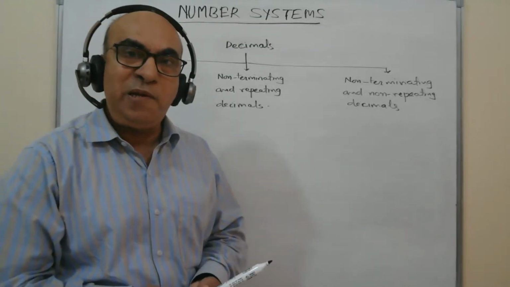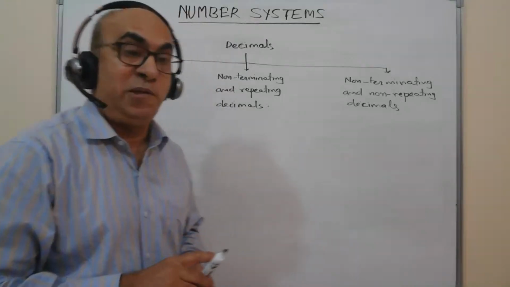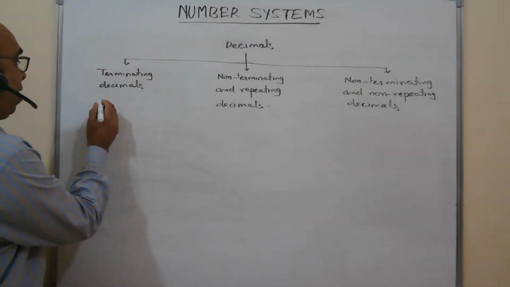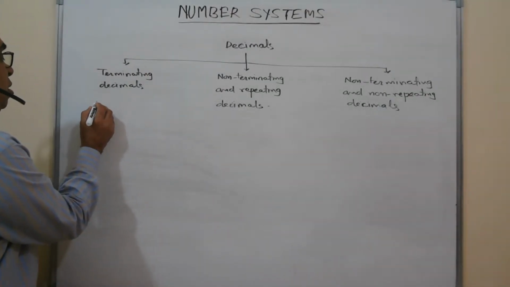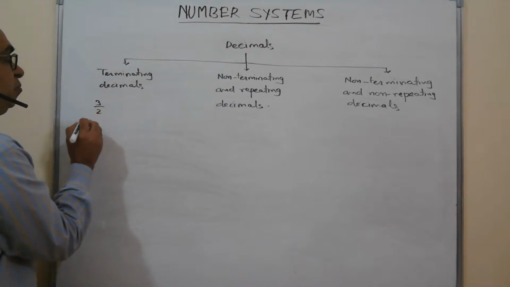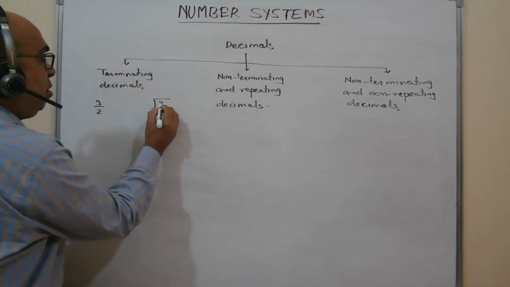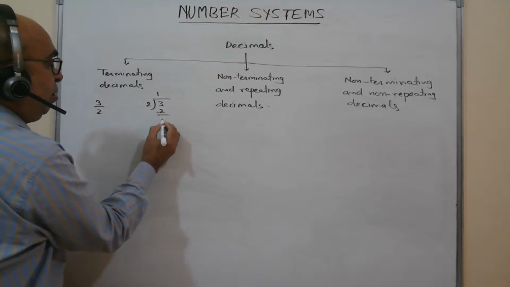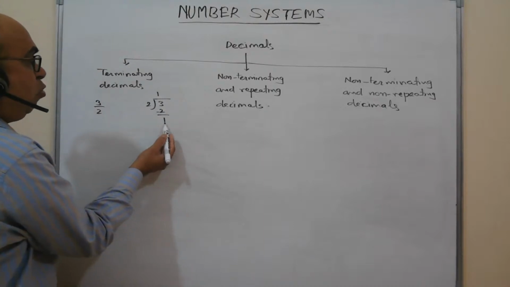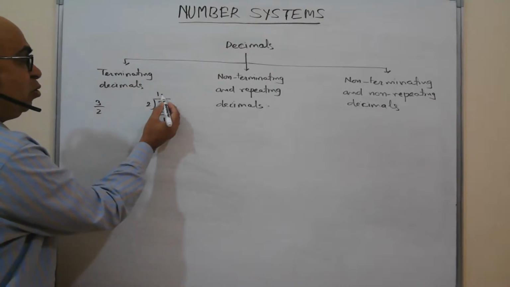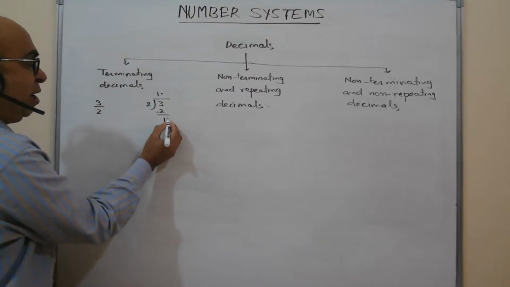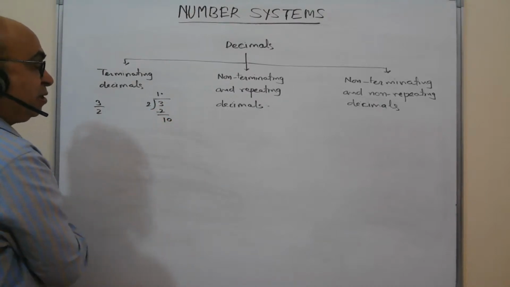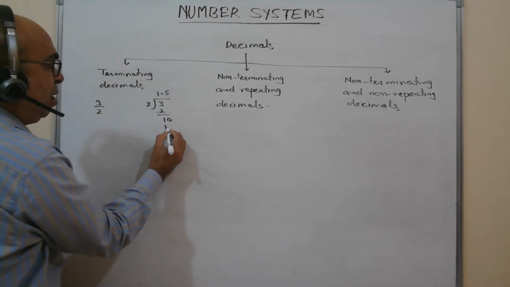So what is a terminating decimal? How do we know that it is a terminating decimal? I'm taking one example. Suppose 3 by 2. If you divide 3 by 2 one time, then 1. Now after that there are no digits, so put the decimal here and you can copy 10. 2 fives are 10.